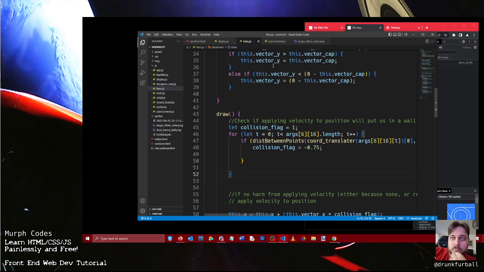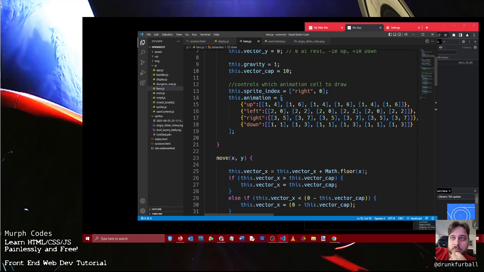Oh, I probably formatted this thing wrong, didn't I? Yes, I did. It's supposed to be that.